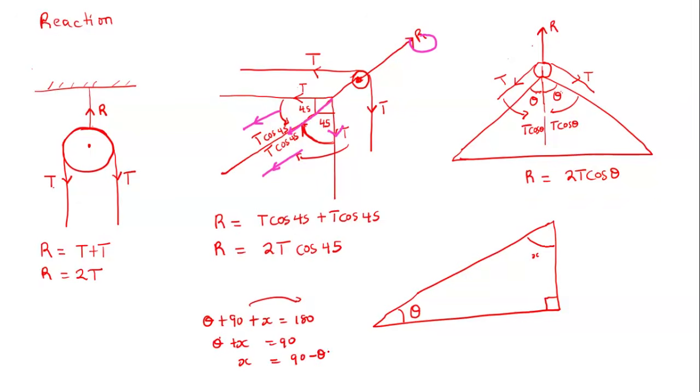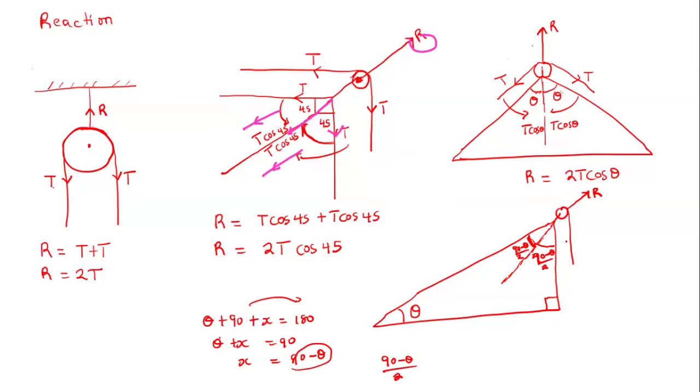So I want x is going to be equal to 90 minus my theta. Now, if I have 90 minus theta, remember this is going to be your pulley system. Reaction is going to act in this side. So what do you need to do? I'll come here. Are you seeing? Now, if this angle is 90 minus theta, and this reaction I've divided into equal parts, now the angle I have here is going to be divided into two equal parts. So you'll have 90 minus theta divided by 2. So here you'll have 90 minus theta divided by 2. Also this side you have 90 minus theta out of 2.